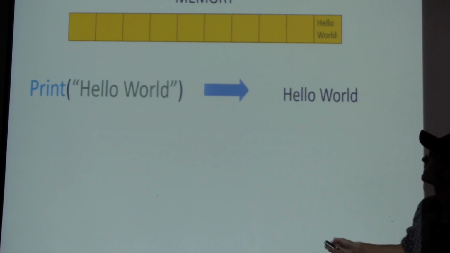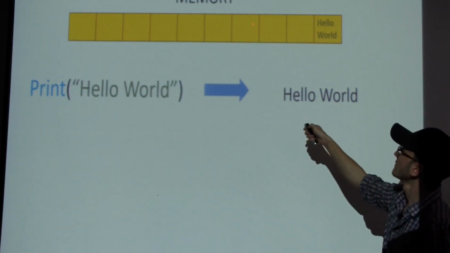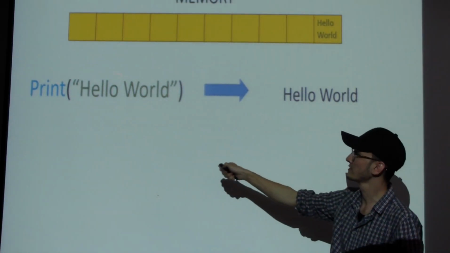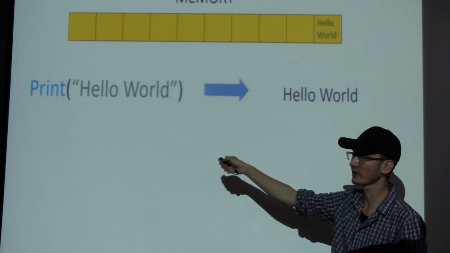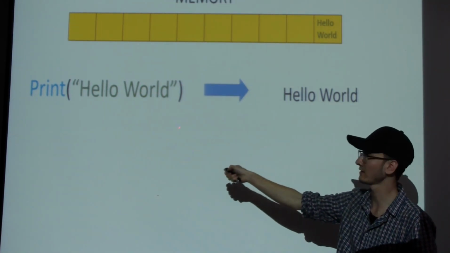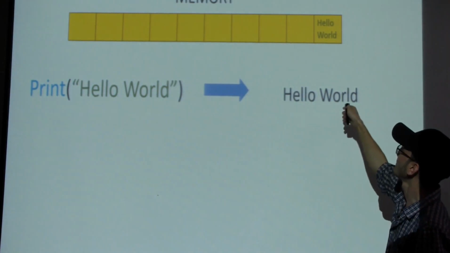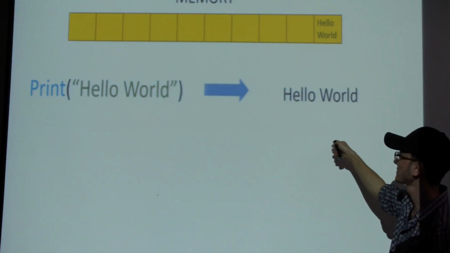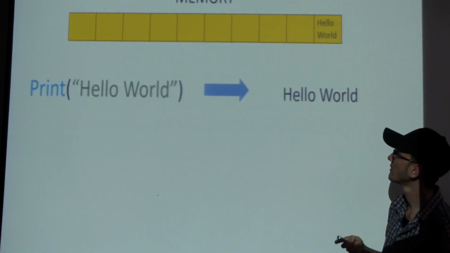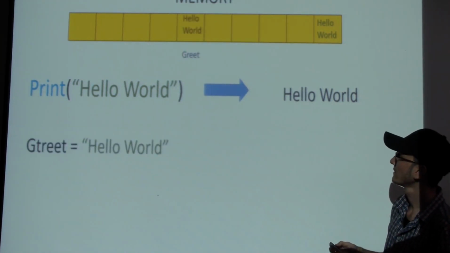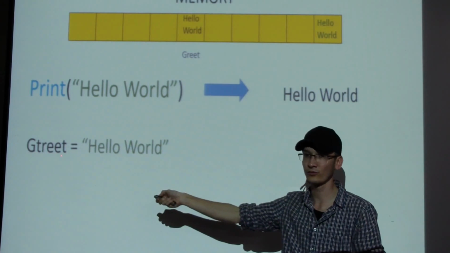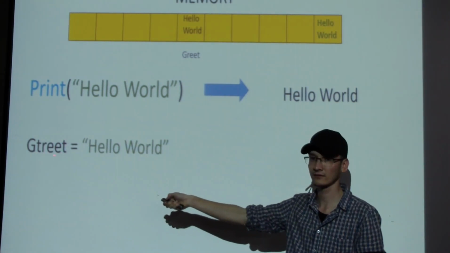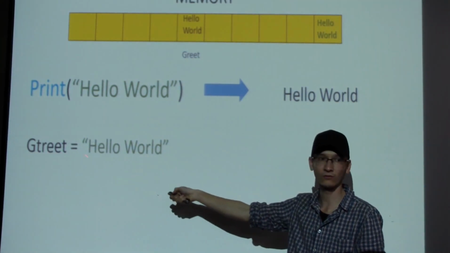Okay. Now, here we are printing hello world. This is string type, data type string. It goes to the memory, it will save it. The same happens with this hello world. And now we created a variable, greet, equals to hello world.